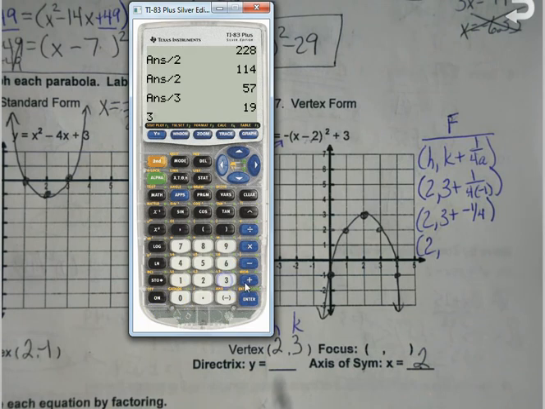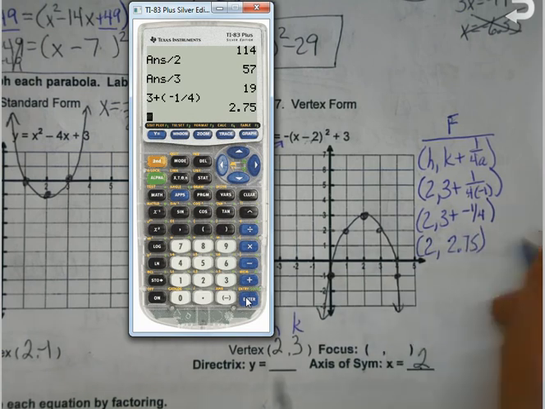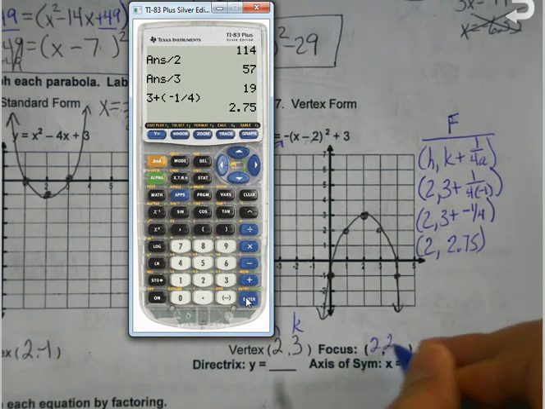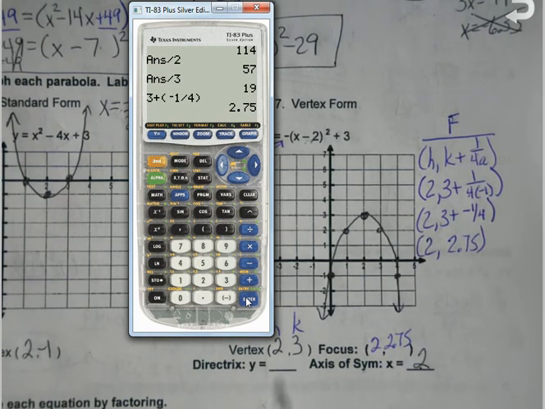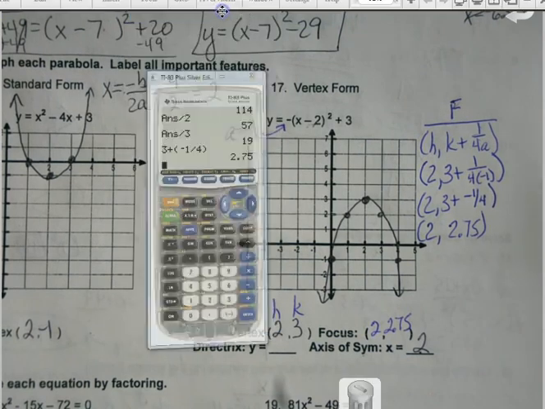I can just do 3 plus negative 1/4. And I don't care if you use a decimal. If you use a fraction, if you use a decimal, I'm happy with either as long as the answer is right. But again, you've got to do things in pieces. Now here's the cool thing about the directrix. That's going to be faster.